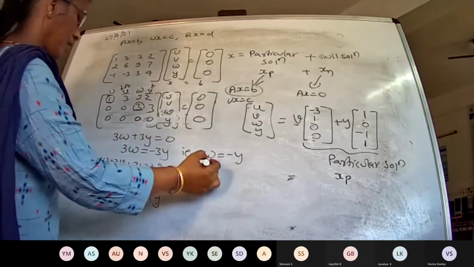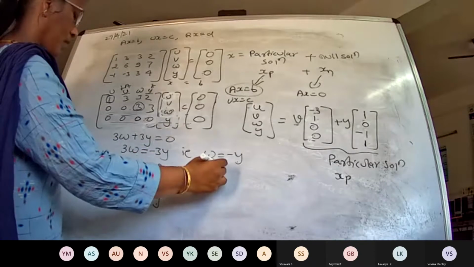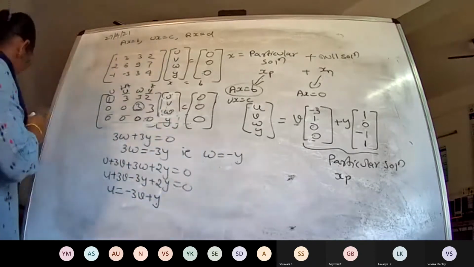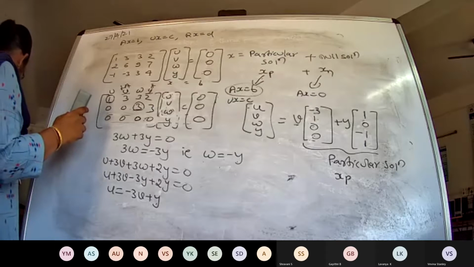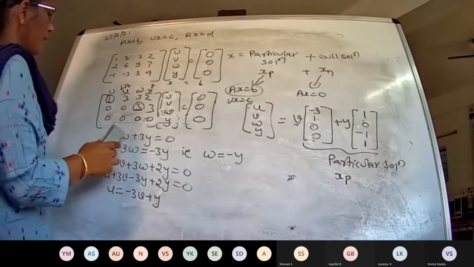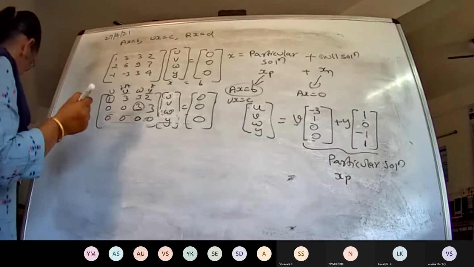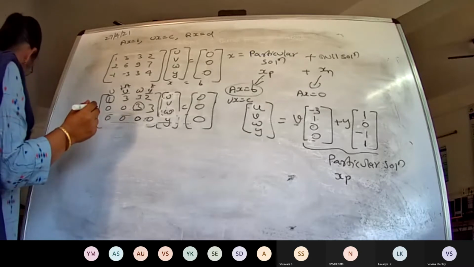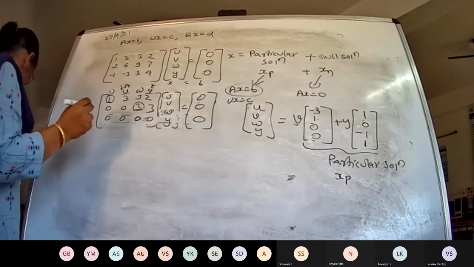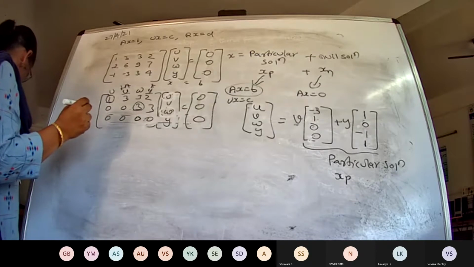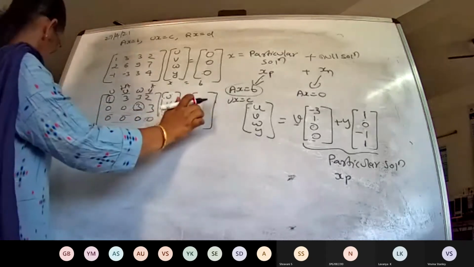One second. I didn't get what I got. What was the values here?